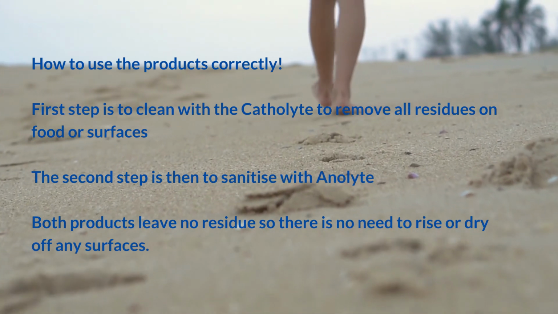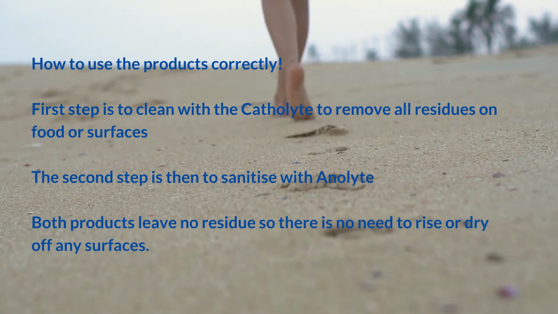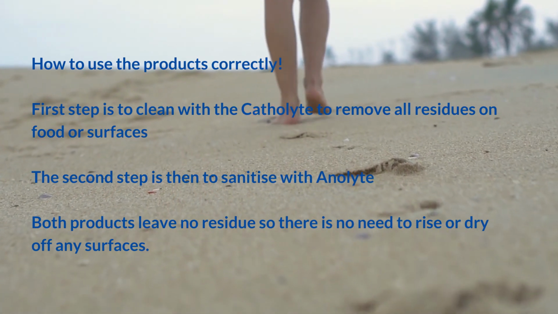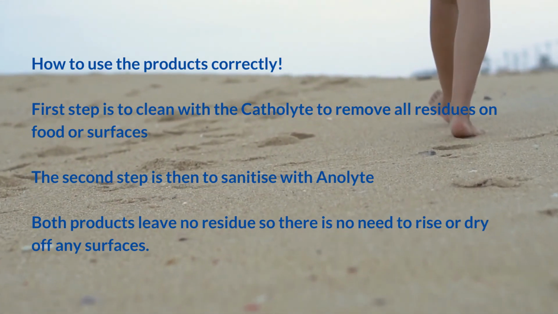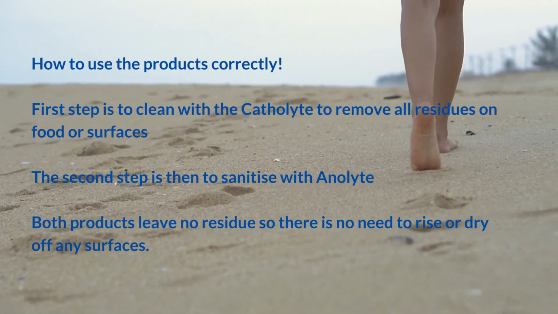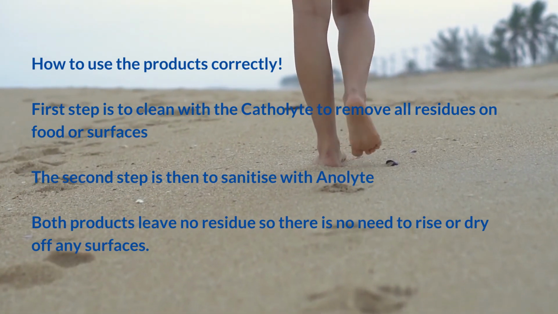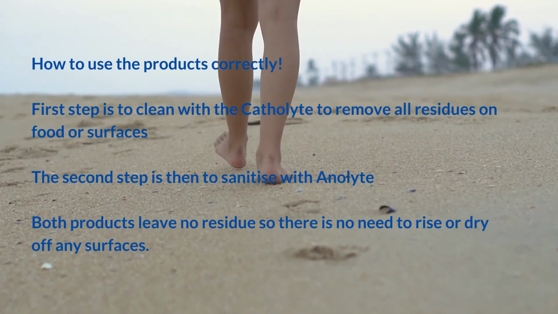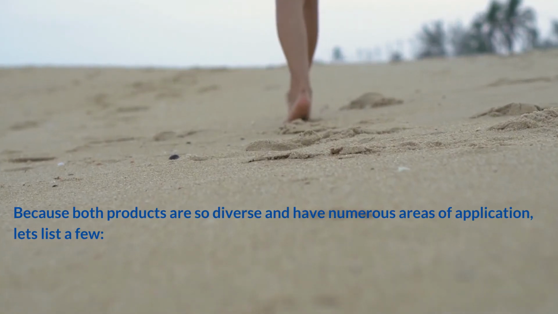One of the first steps to understand the use of Analyte and Catholite is that Catholite is the cleaner. So we use Catholite to remove all residues in food and surfaces as well as within our bodies. And then the second step is to use Analyte afterwards as a sanitizer. Because it leaves no residue, we do not have to wipe or dry the surfaces. So let's look at the industries that are currently using Analyte and Catholite.